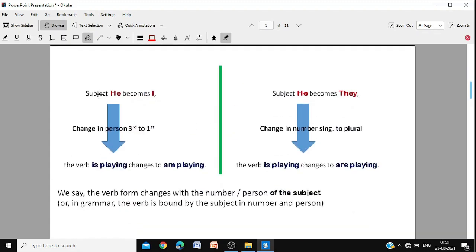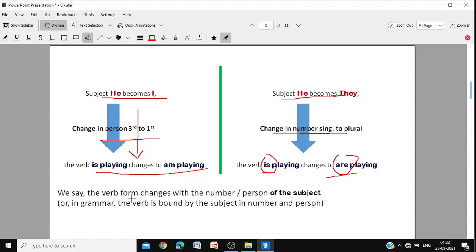When subject he becomes I, that is third person to first person, is playing becomes am playing. So we are changing in person. When the subject he becomes they, a change in number, singular to plural, is playing becomes are playing. This is how we change.